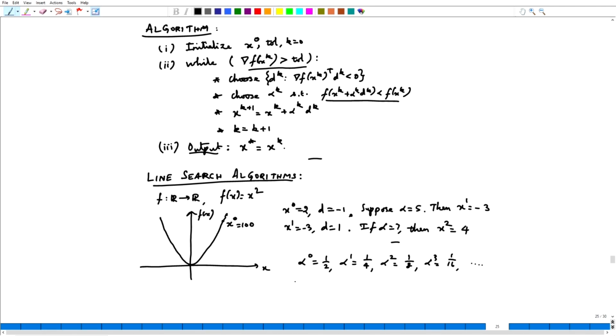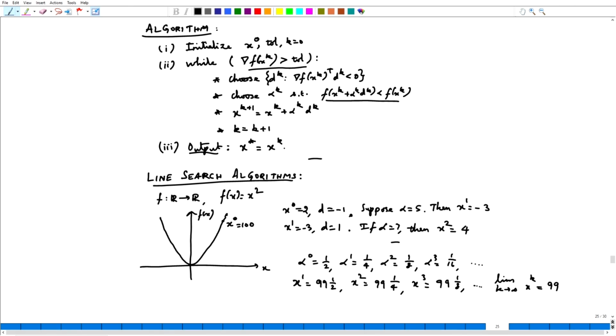Note that x 1 is 100 minus half, which is 99 1 by 2, and x 2 is 99 1 by 2 minus 1 by 4, which is 99 1 by 4, and x 3 is 99 1 by 4 minus 1 by 8, which is 99 1 by 8, and you can see that as k tends to infinity, x k is 99. Again it is nowhere near the answer that we want, 0.